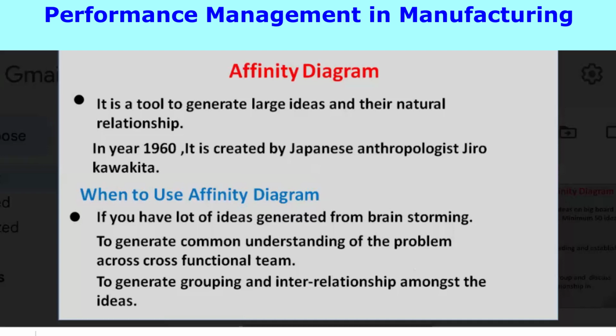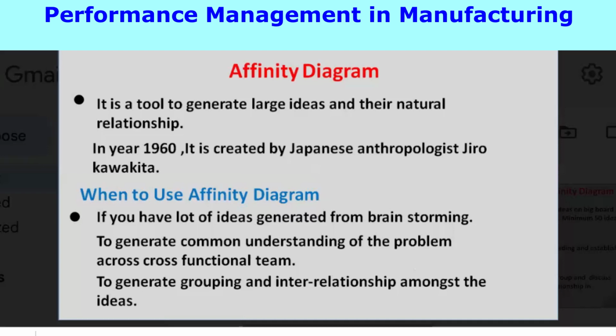Afterward it started being implemented in industries and different businesses. The definition of the affinity diagram is to generate large numbers of ideas and their natural relationships. Means the concept of the affinity diagram is to generate large numbers of ideas and their relationship with each other. So this is the main idea of the affinity diagram.